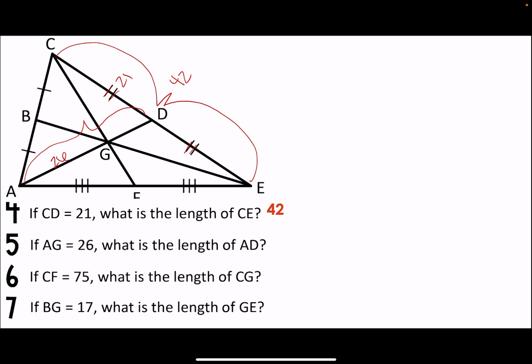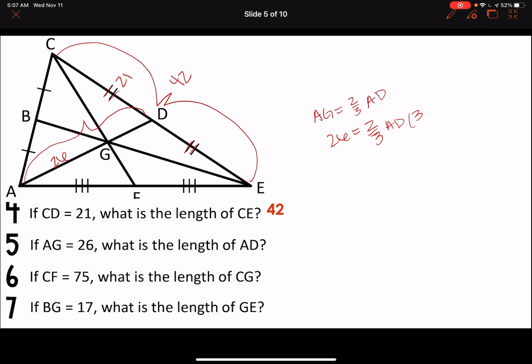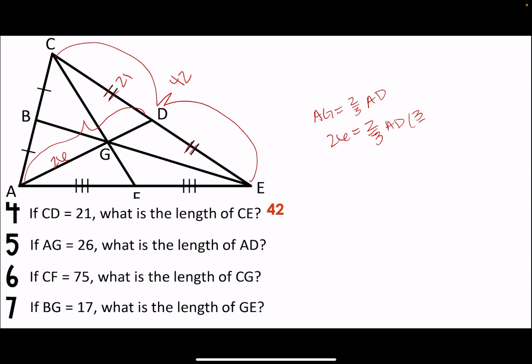So I want you to remember that AG is going to be 2/3 of AD. And you can sit there and we can do the math and do 26 is 2/3 of AD. Multiply it by the reciprocal on both sides so we can get rid of this fraction.